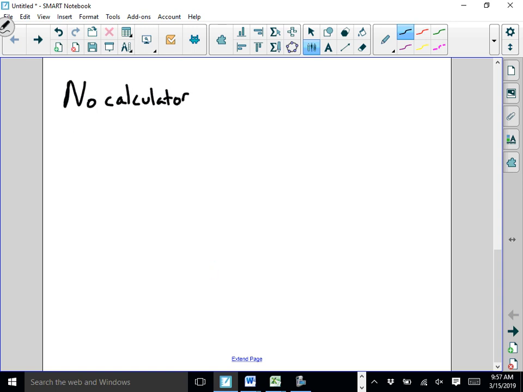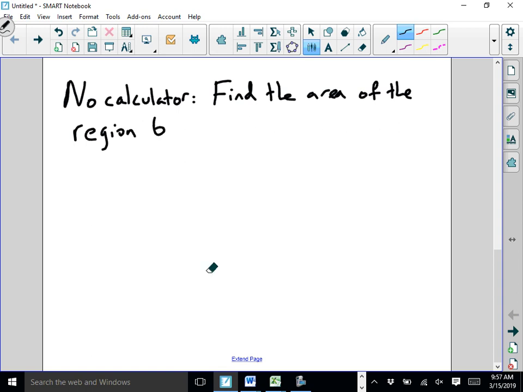Okay, so here's the no calculator problem. Find the area of the region bounded by y equals x squared and y equals x.